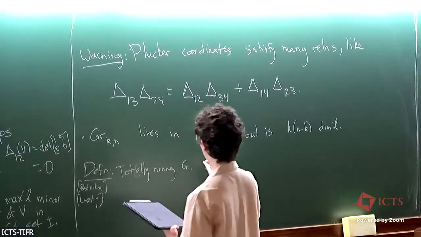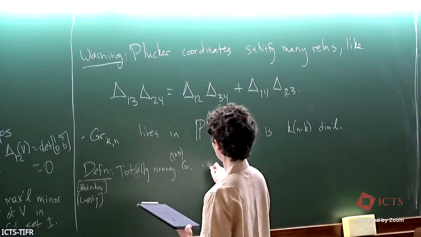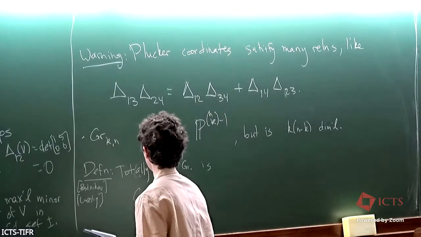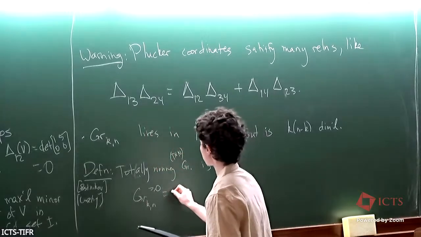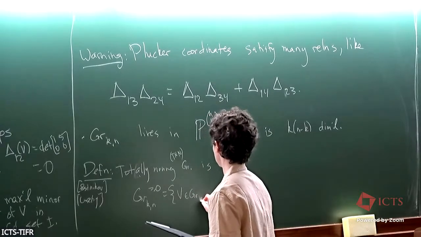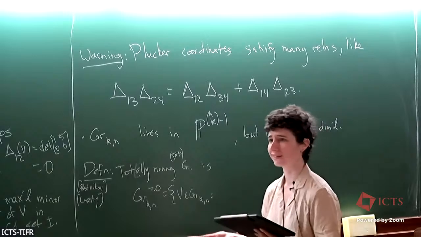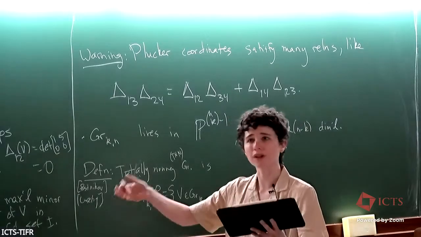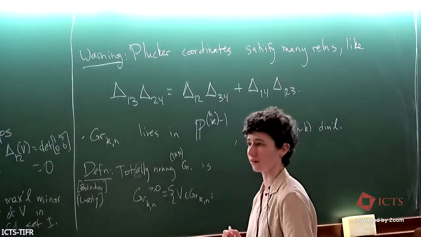So the totally non-negative Grassmannian, which I'll usually abbreviate as TNN, is all of those points in the Grassmannian, so all of those subspaces, whose Plücker coordinates are non-negative, right? So I'm just taking the positive orthant in my big ambient space, and then asking which part of the Grassmannian sits inside of that positive orthant.